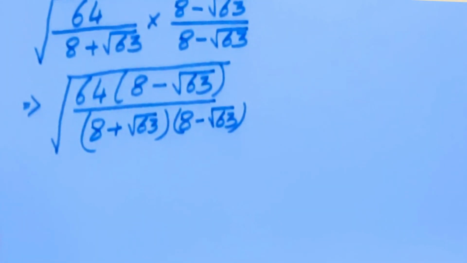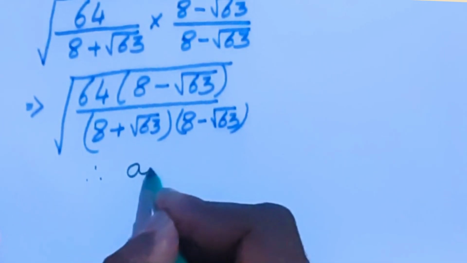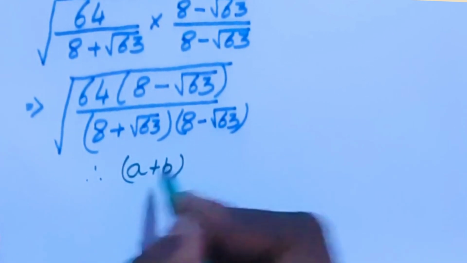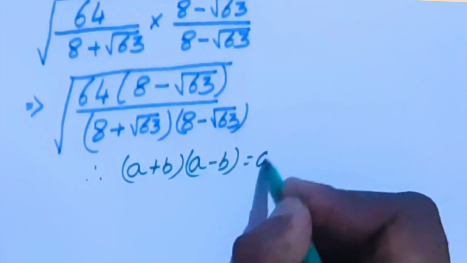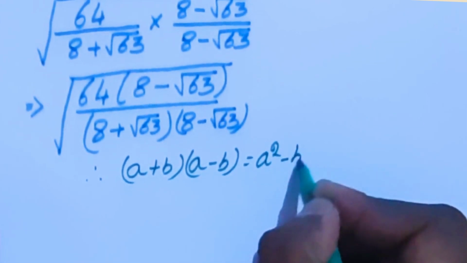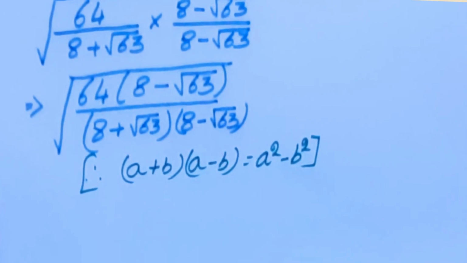Now we are going to apply this algebra formula, that is (a plus b)(a minus b) equals a square minus b square. This formula we are going to apply here in the denominator.